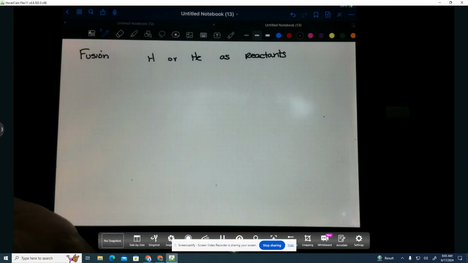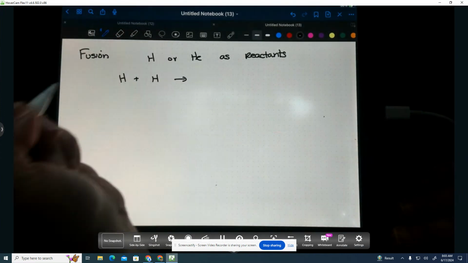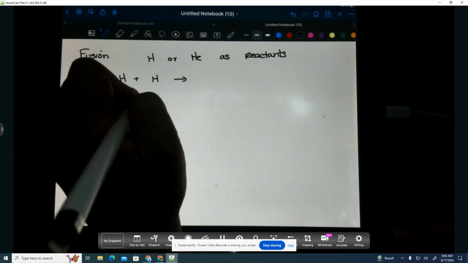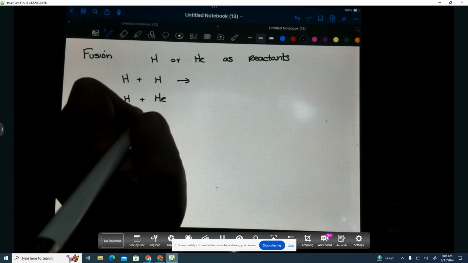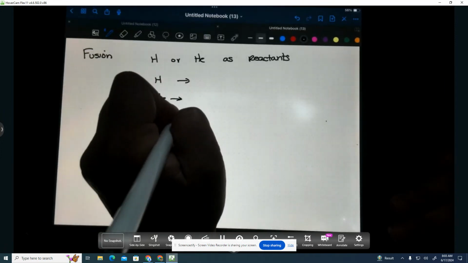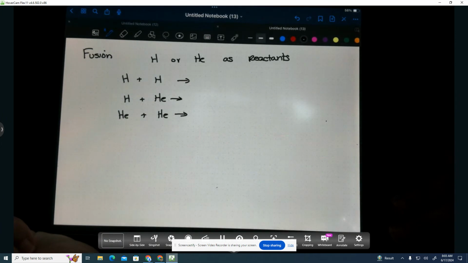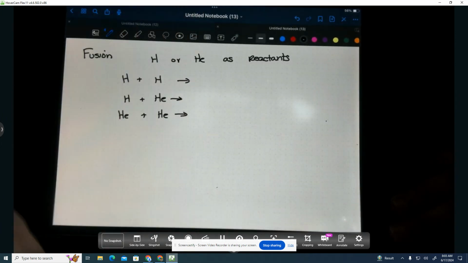So it will look something like this: H plus H, or H plus He, or He plus He. Those are all going to be your fusion reactions. What they turn into depends on the numbers you have here.